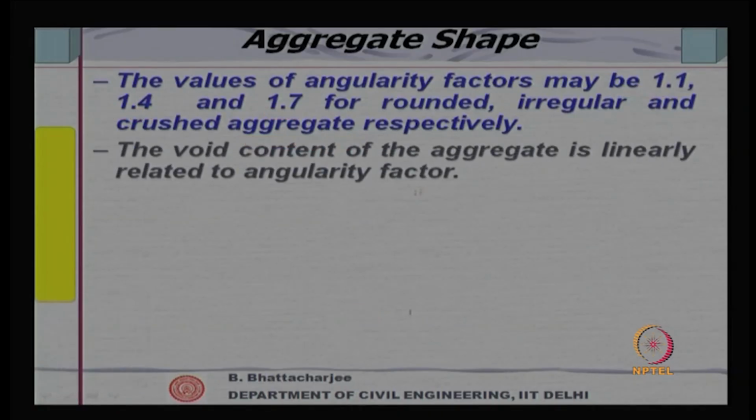The main important issue is that the void content of aggregate is linearly related to the angularity factor.